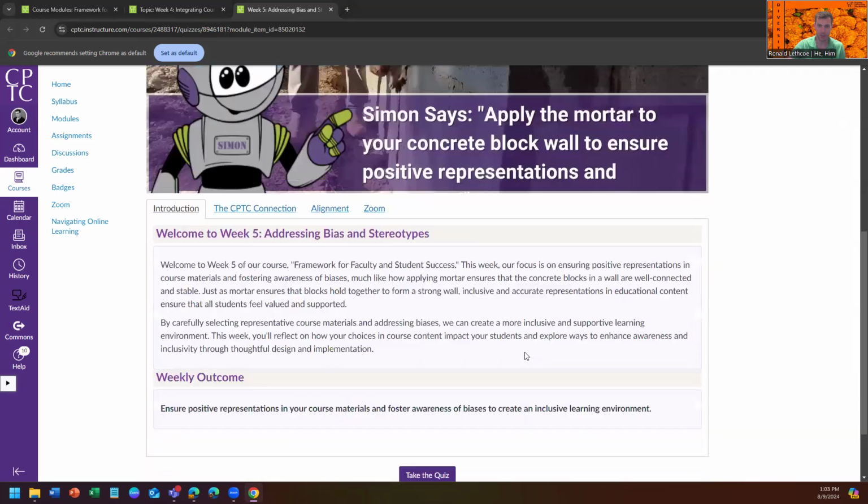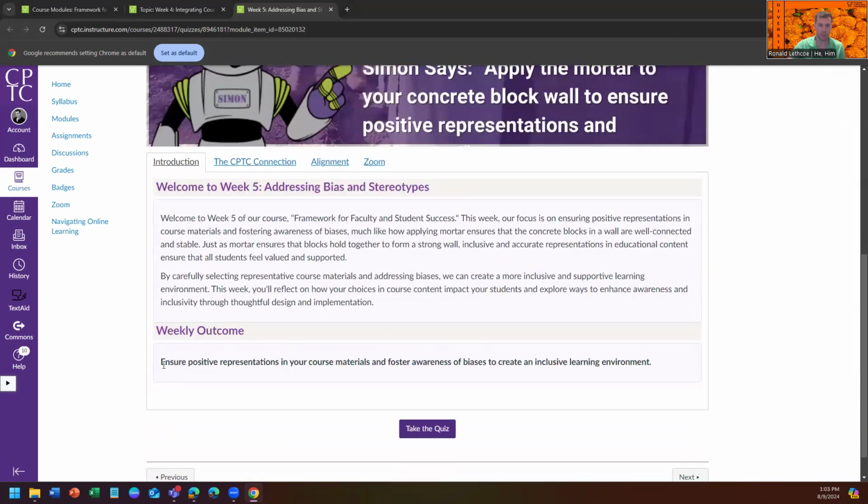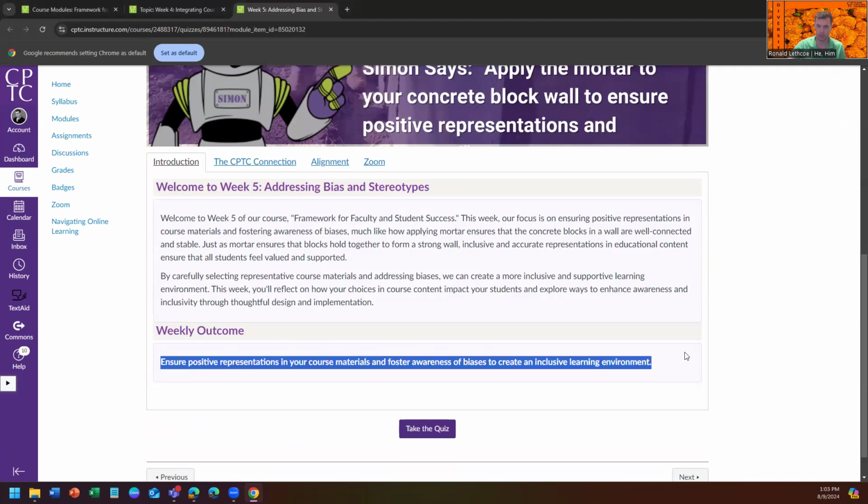Our weekly outcome here is to ensure positive representation in your course materials and foster awareness of biases to create an inclusive learning environment. So we're still in section 1 of the Washington checklist, where we're talking about belonging and inclusion.